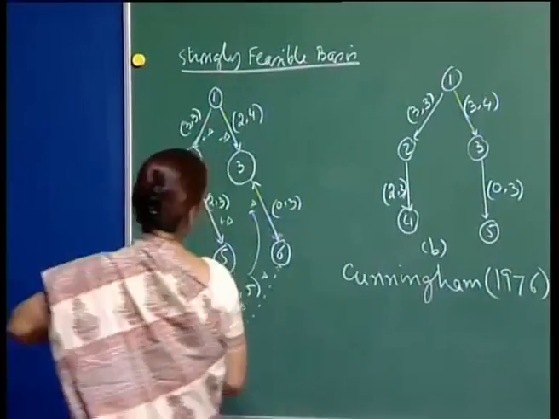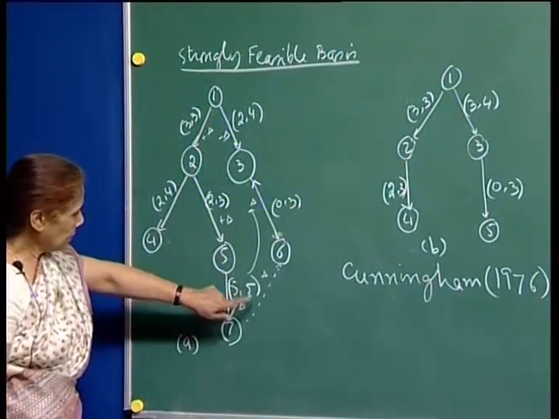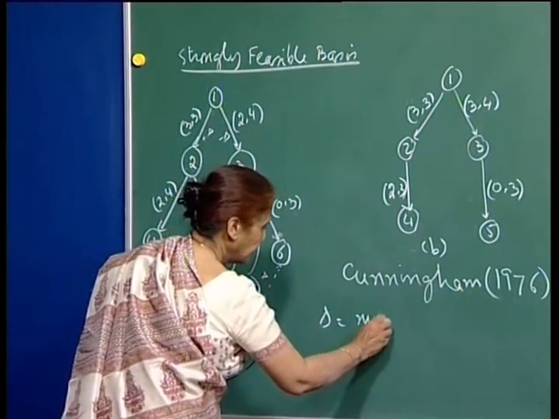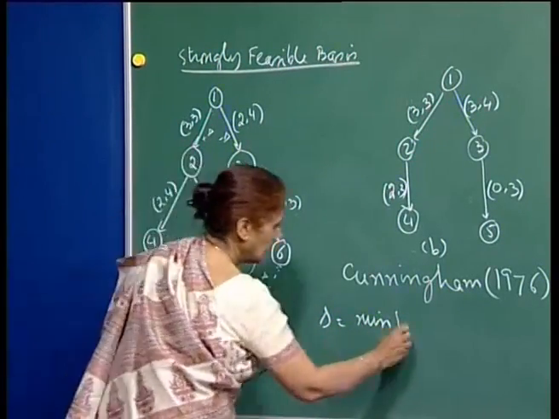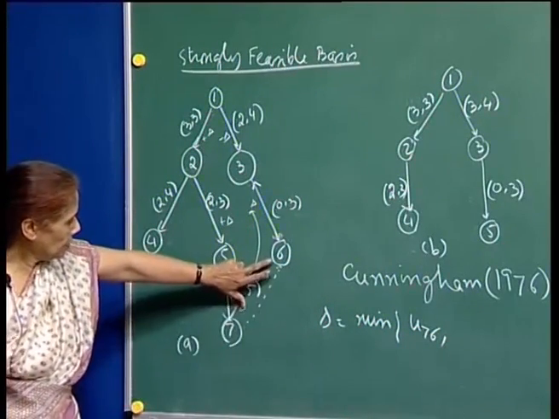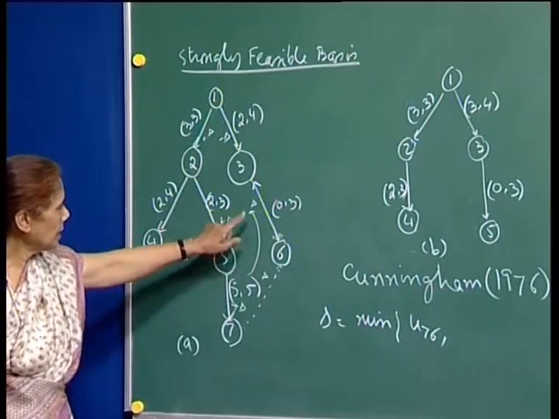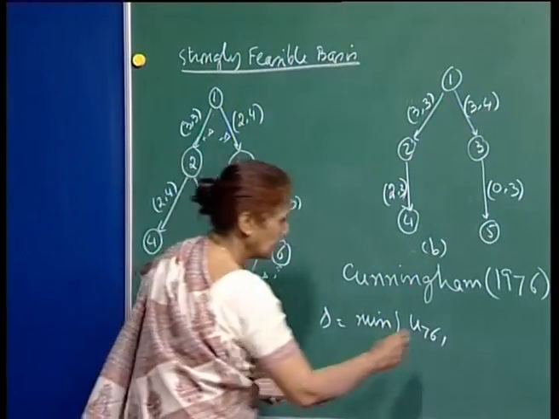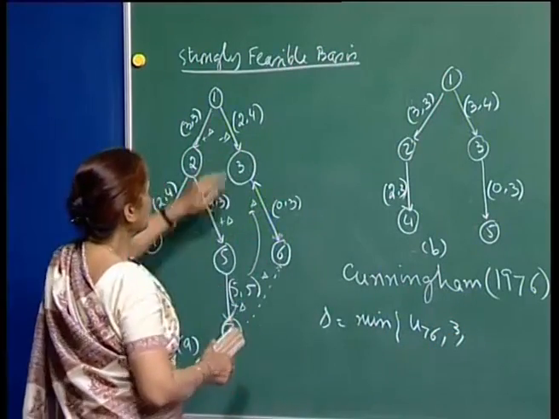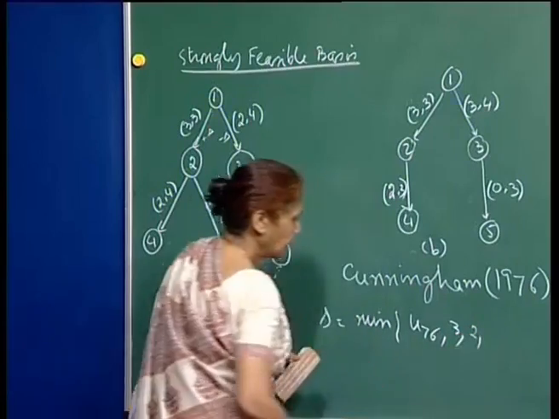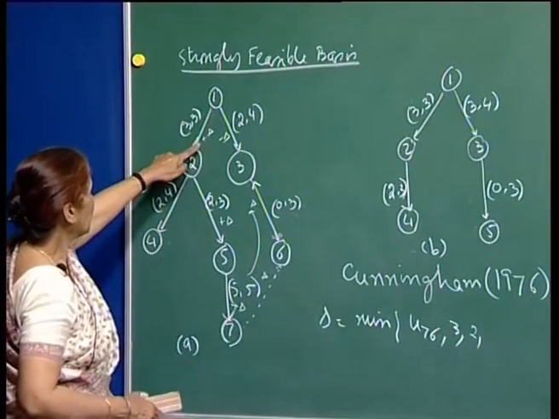So, for example, here the value of delta would be the minimum of U76, right, because the flow on this cannot go beyond the upper bound limit. Then here, for example, the flow can go up by 3 units only. Then here the flow can decrease by 2 units only. I am just writing out like this.